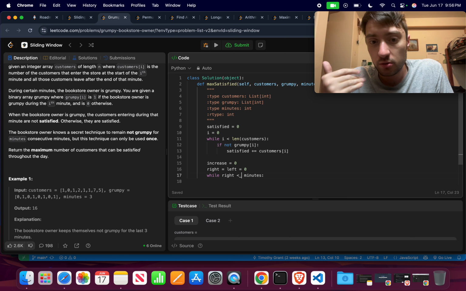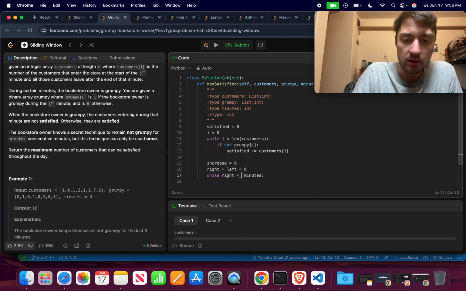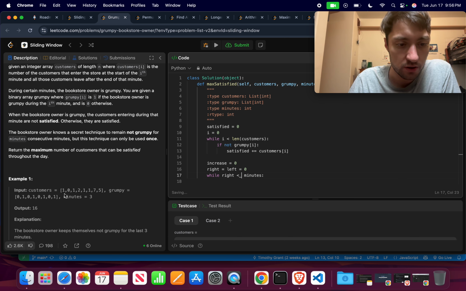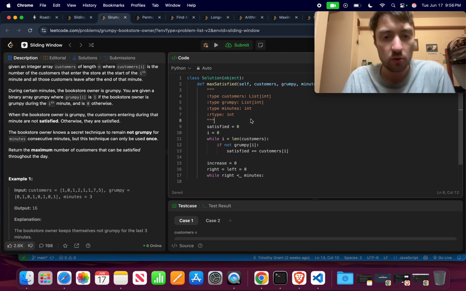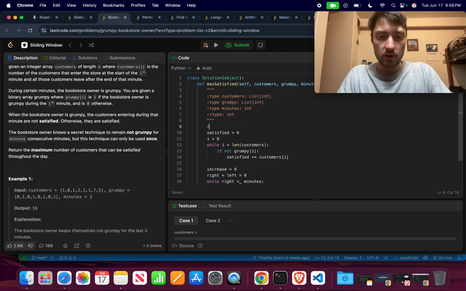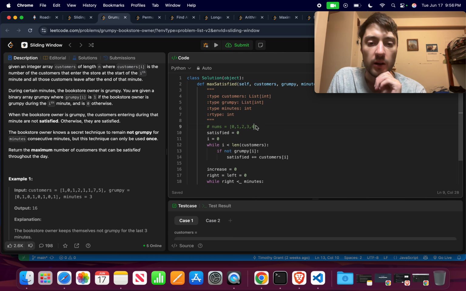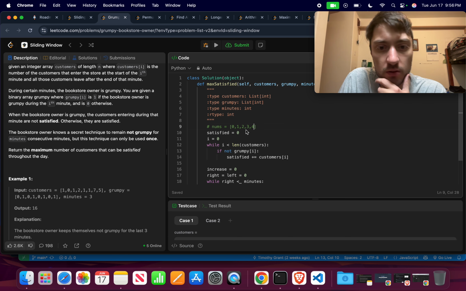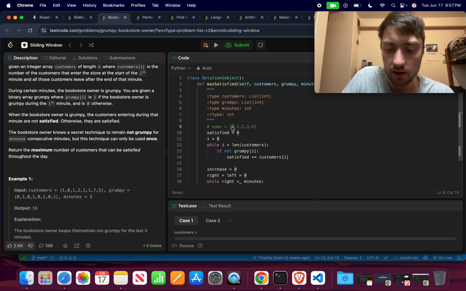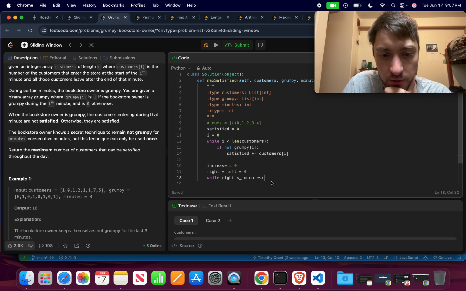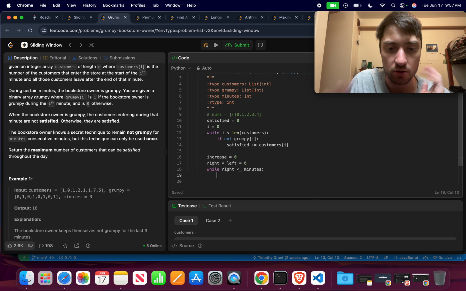Is it equal to or just like that? Let's think about this for a second. So I want to, and I'm going to just put it like this. Let's say nums is equal to, like this, 0, 1, 2, 3, 4. And my minutes is 2. So I want to come here, and I'm going to have my left and right here. And I am going to come in here. I'm first going to add.